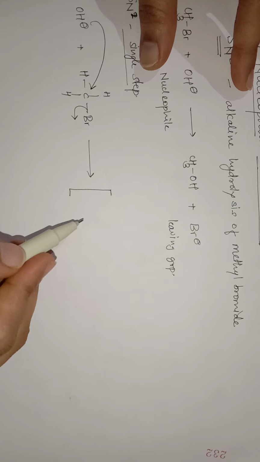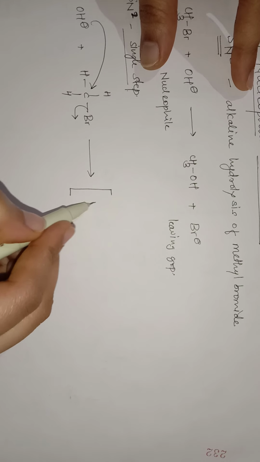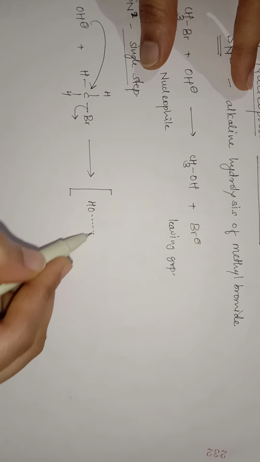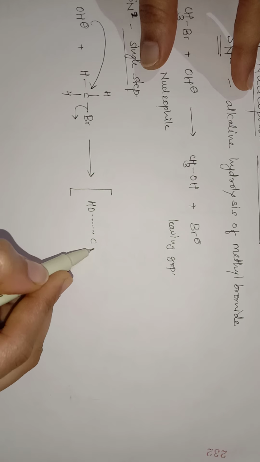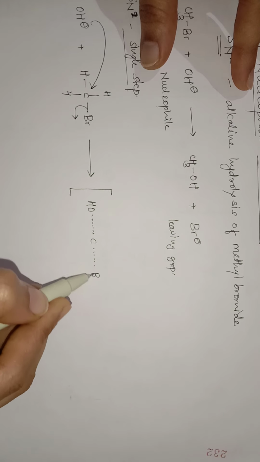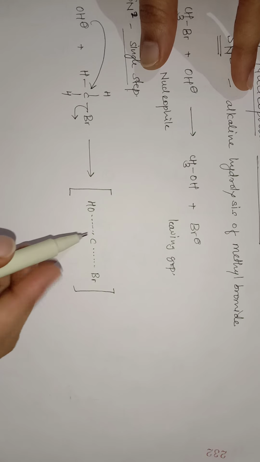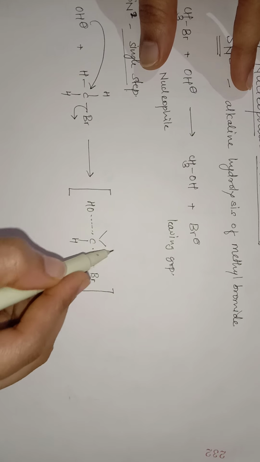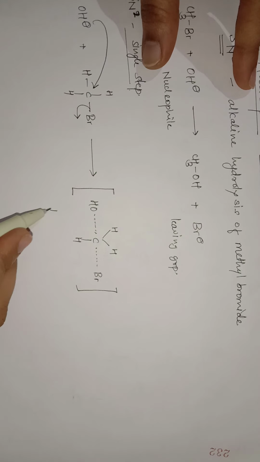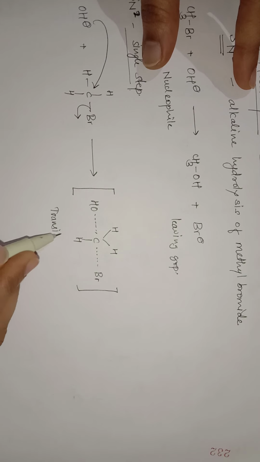So a transition state forms. A new bond forms between carbon and OH while the Br and carbon bond breaks at the same time within the transition state, with CH3 remaining as it is. So this is a transition state.